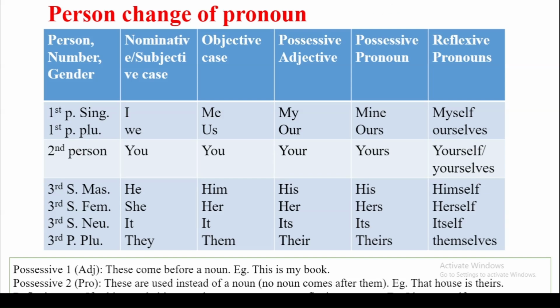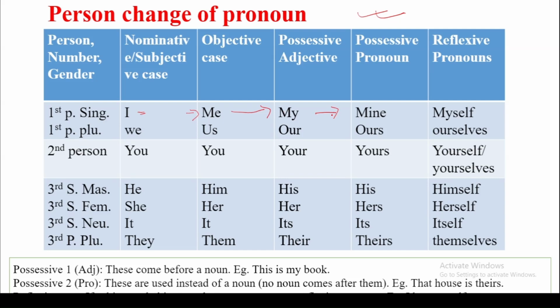So for better understanding, I recommend you to remember this table. This table represents the changes of pronoun in different cases. See, if the subject is I and we have to change it into object, we write me. If we have to change I into possessive adjective, we write it as my.